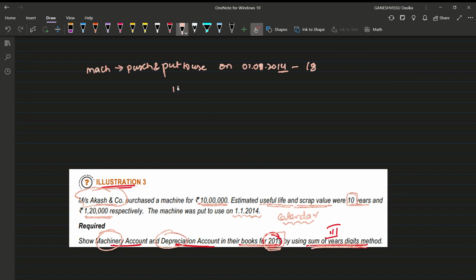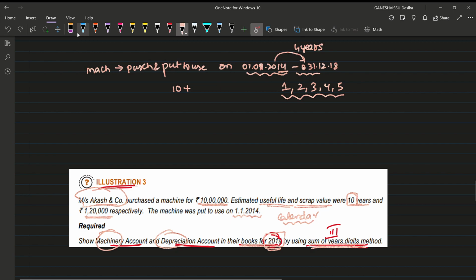Then we need to start adding 10 downwards for the number of years. 2014 to 2018 means up to 31st December 2018. From first January to 31st December is 1 year, then 2, 3, 4, and 5 years are there in between.